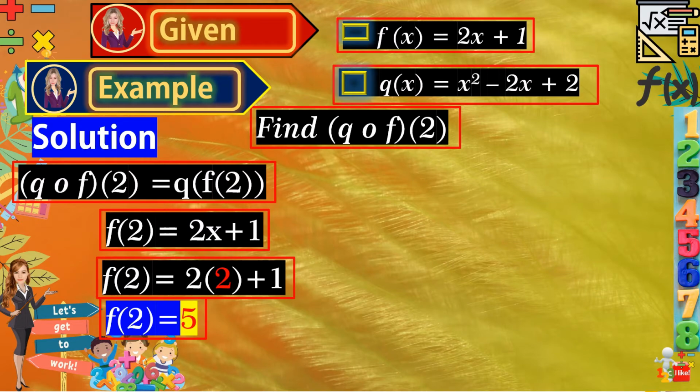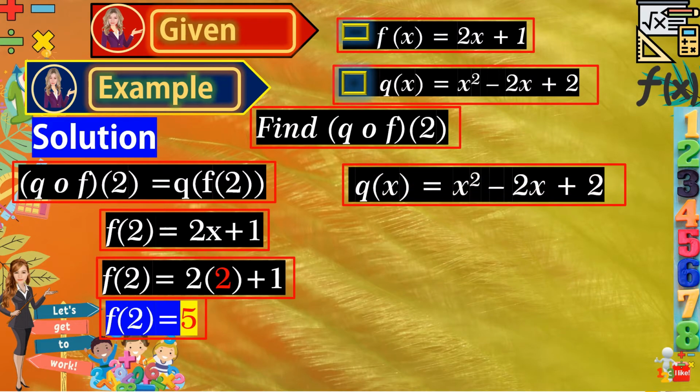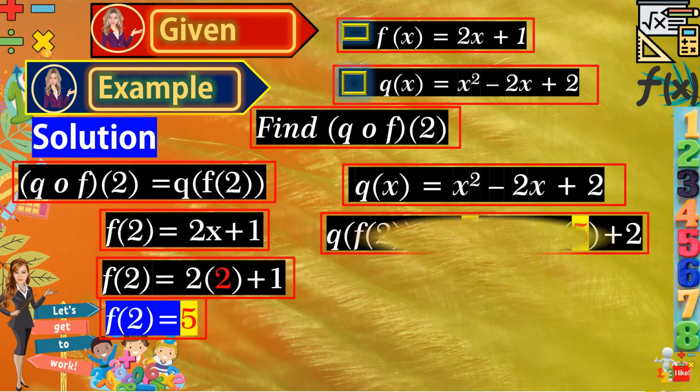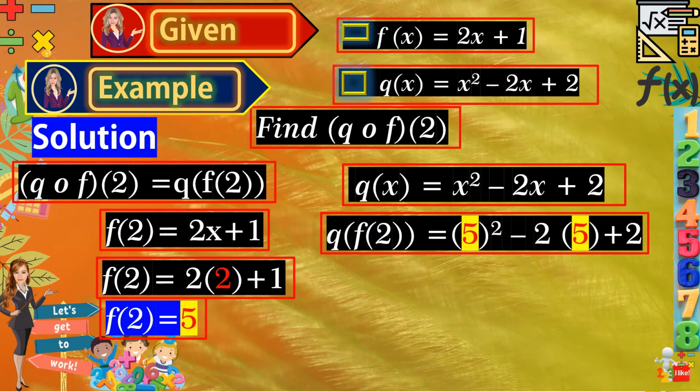Next thing to do is you have to copy the value for q of x, which is x squared minus 2x plus 2. Then you will replace x with the f of 2 result a while ago, and that is 5. So our q composed with f of 2 is equal to 5 squared minus 2 times 5 plus 2.